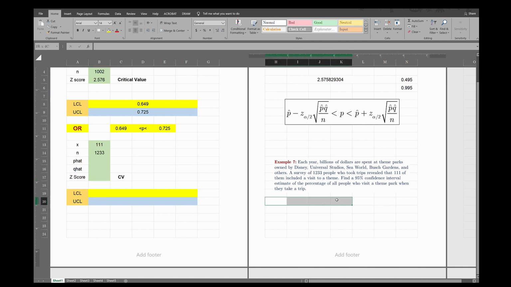But again, as I said, I always like to calculate it. So before I calculate it, I have to do what? That's right, take the confidence level, 95%, divided by 2, and add 0.5 to it. It's the same thing every time.